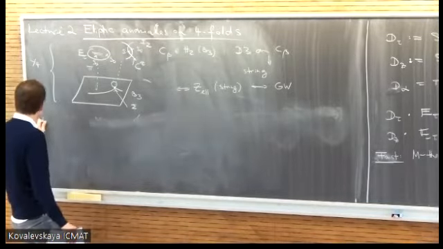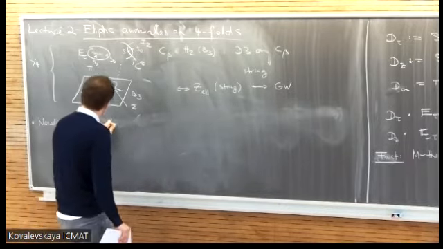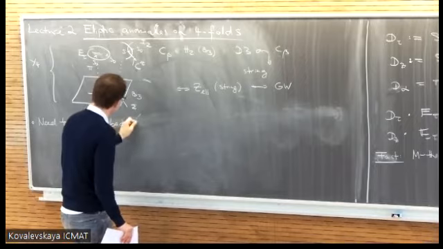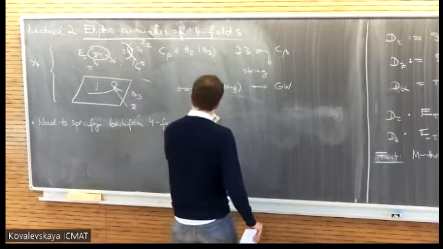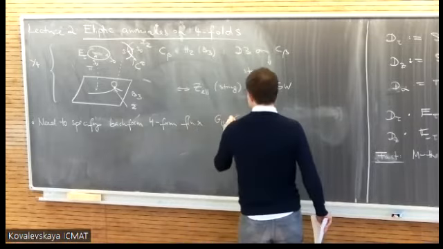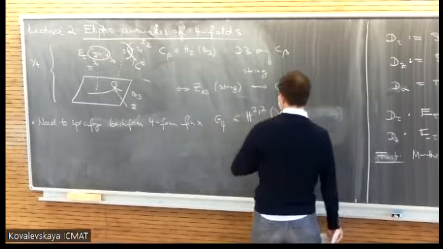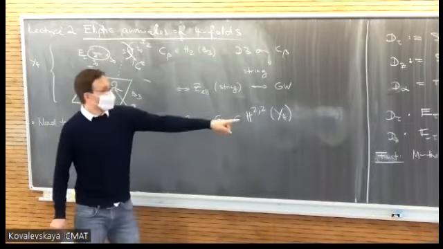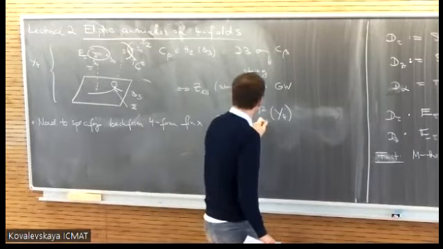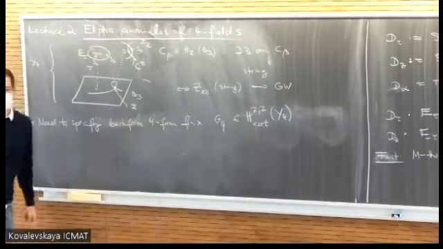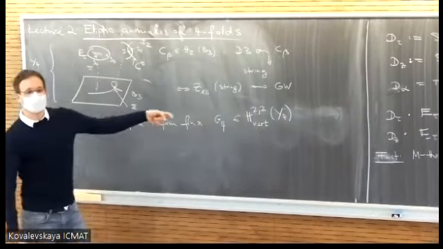So we also need to specify a background four-form flux, G4. Mathematically, this is an element in H22 of the fourfold. And in fact, for the experts, I'm looking at flux only in the vertical part of the cohomology, so forms which can be written as the wedge product of 2, 1, 1.